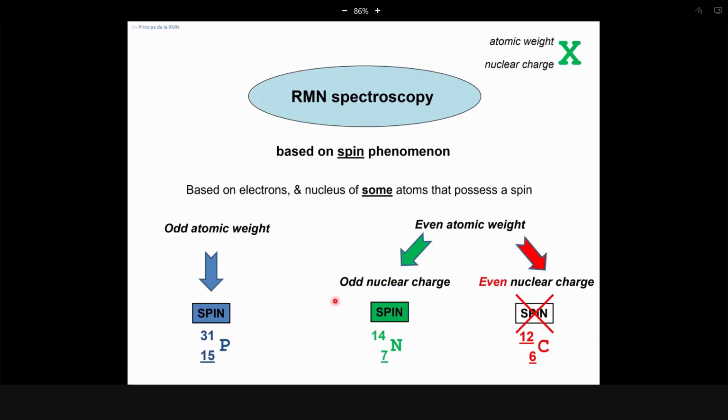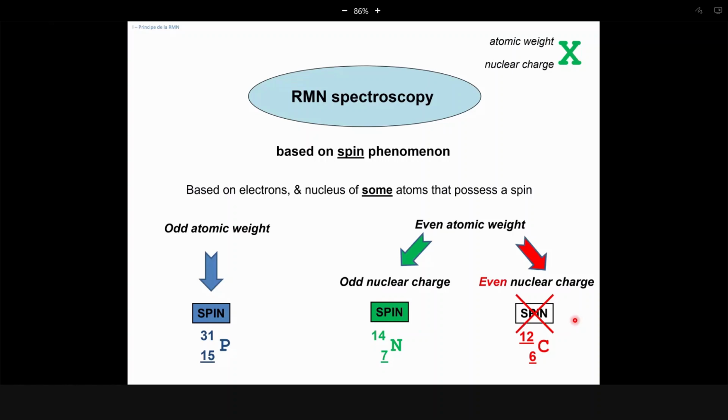But if both atomic weight and nuclear charge are even, then we don't have any spin number, no magnetic properties for this atom, just like carbon 12. So we will not have any NMR spectrum for carbon 12, but we will have one for carbon 13.